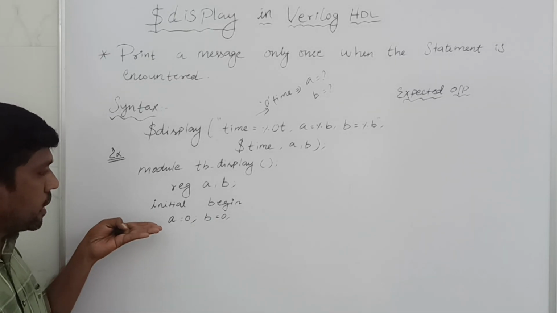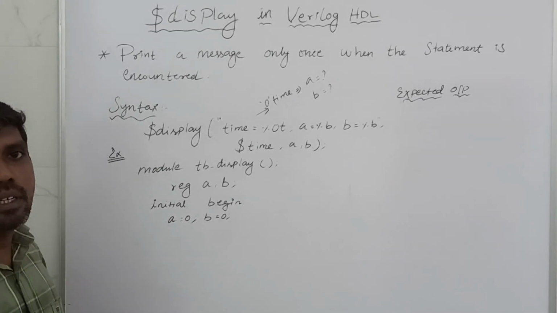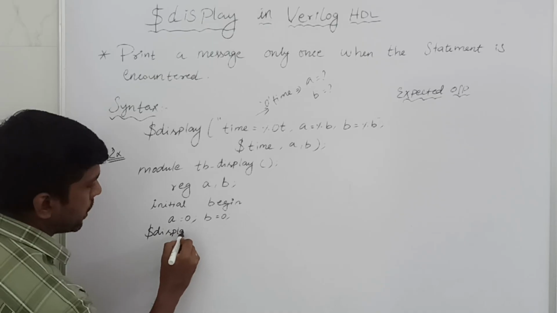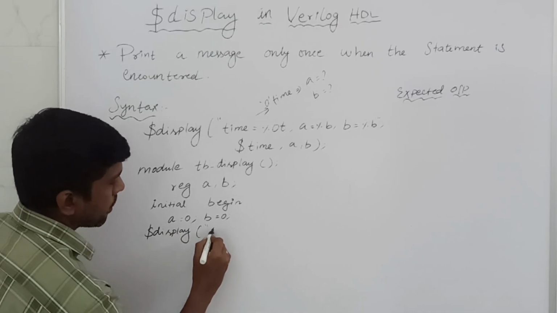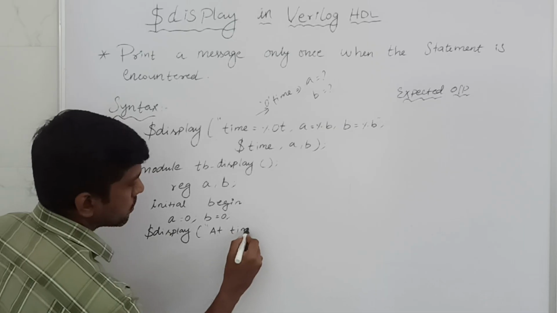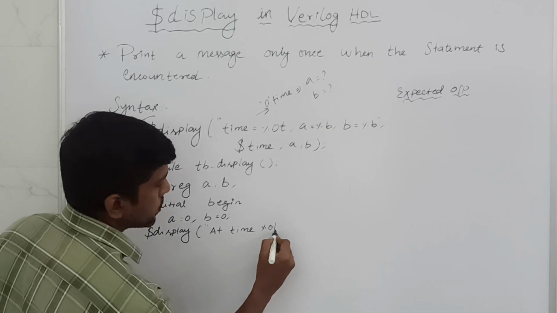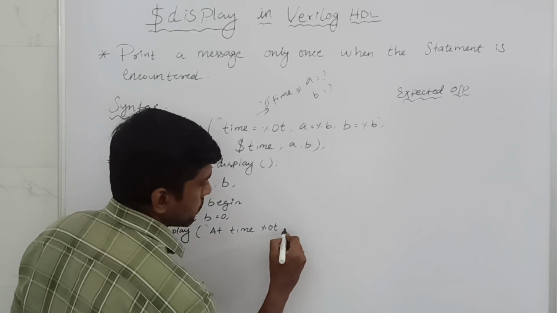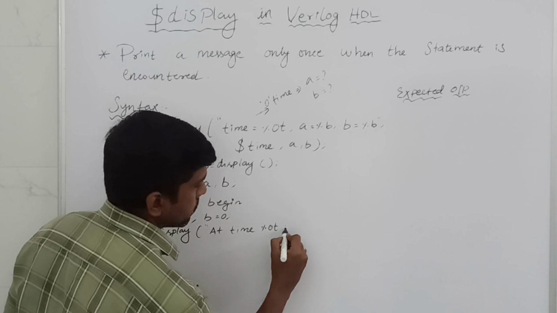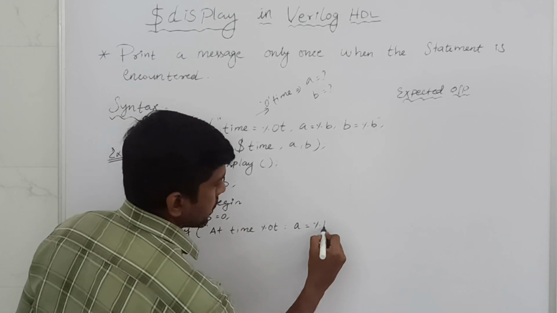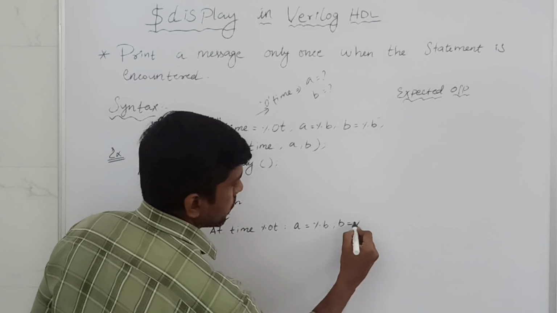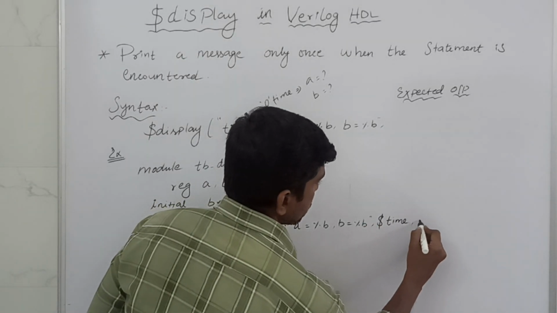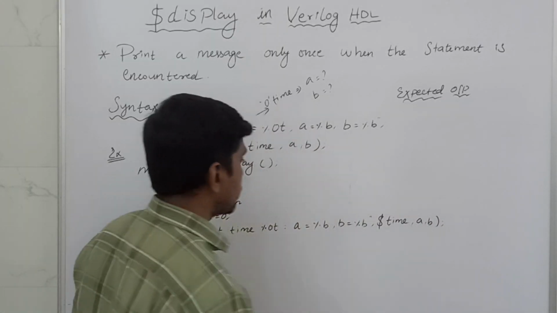If I need to display these values, I introduce the statement $display("at time %0t, a = %b, b = %b", $time, a, b).